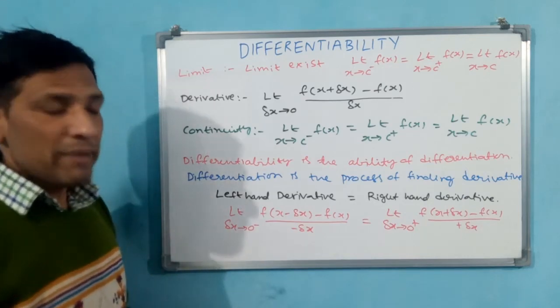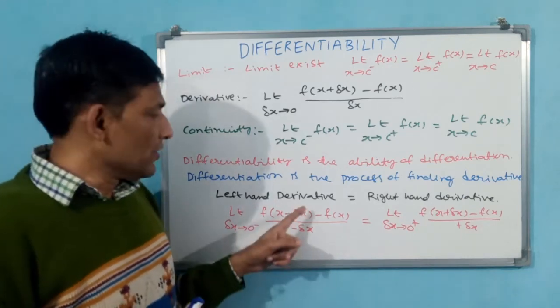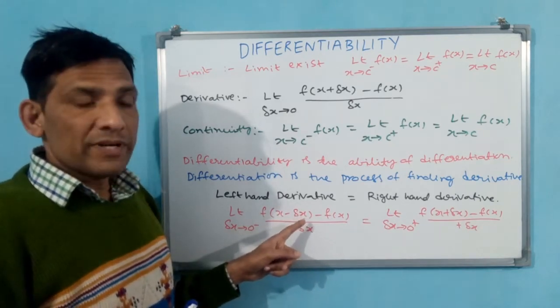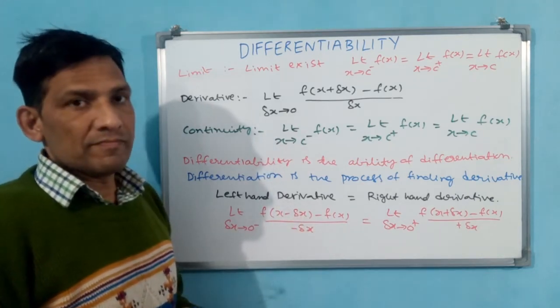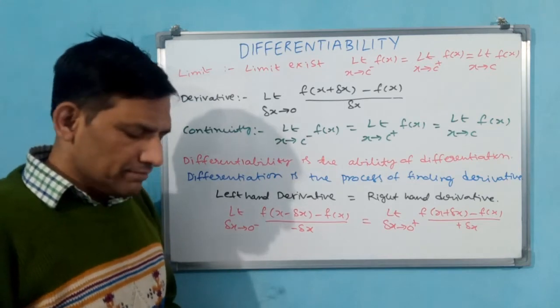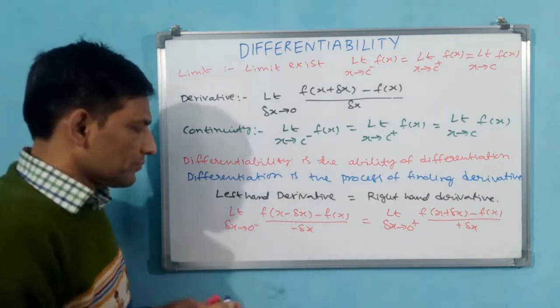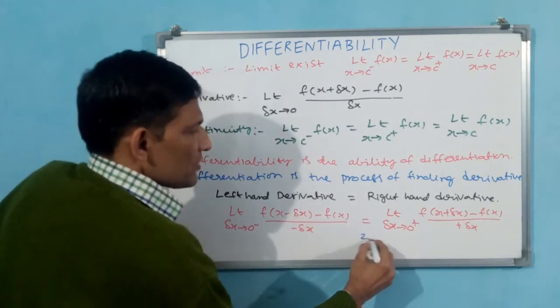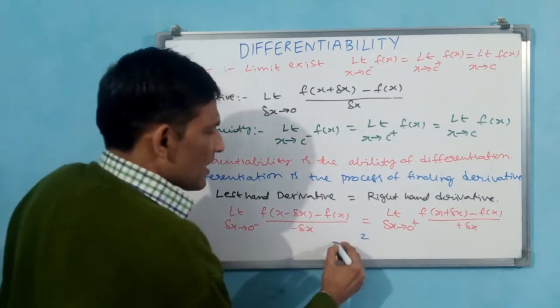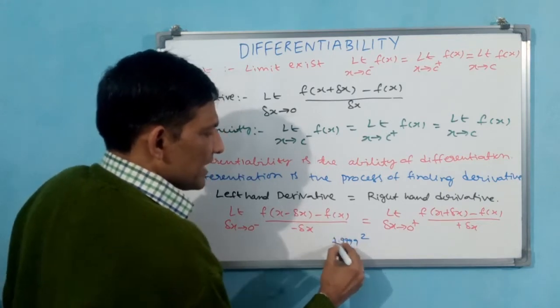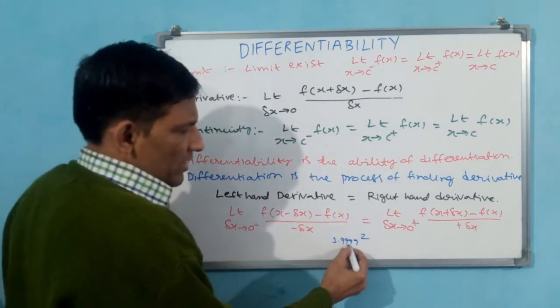Why minus delta x? Because here delta x is negative. See, 2 is there. For the left hand limit, what were we doing? We were taking 1.9999, say up to 4 digits only.